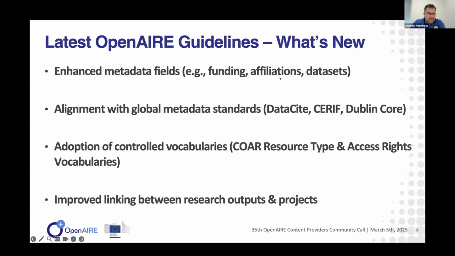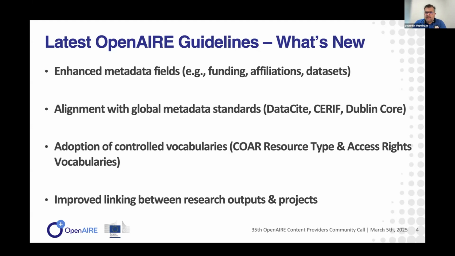So, regarding the latest OpenAIRE guidelines, version 3 and version 4, we have enhanced metadata fields regarding funding information, affiliations, and relations among publications and datasets. We have alignment with global metadata standards. We are mostly aligned with and use the DataCite metadata standard, and we also have the SERIF metadata standard for the CRIS platforms.